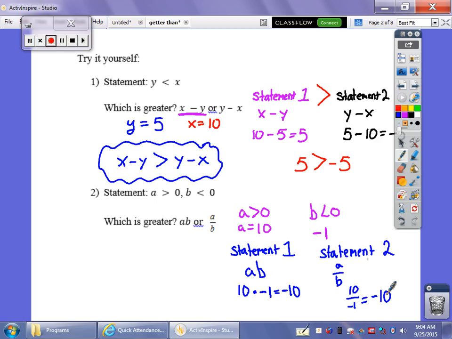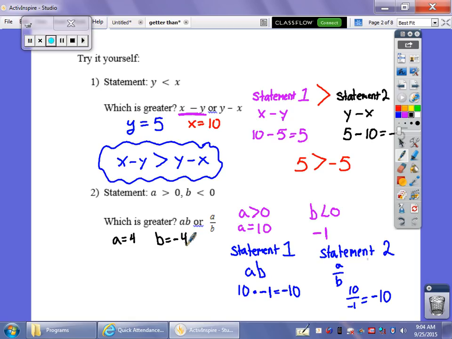With 10 and -1, it works out fine, but what if I switch my numbers? Instead of having 10 and -1, I say my value of A is going to be 4, and my value of B is going to equal -6. Actually, we'll use an easier number to work with. We'll say 4 and -4.